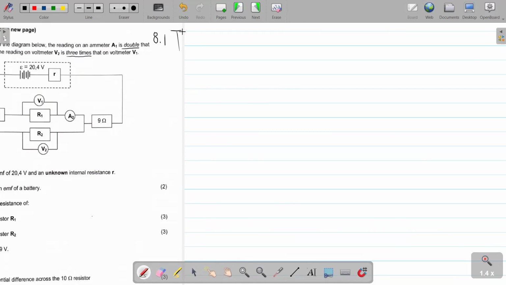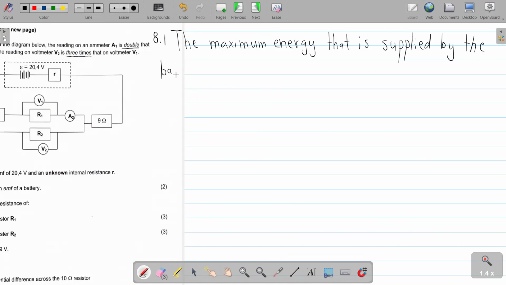So this is the what? The maximum energy that is supplied by the battery, that is supplied by the battery per unit charge.